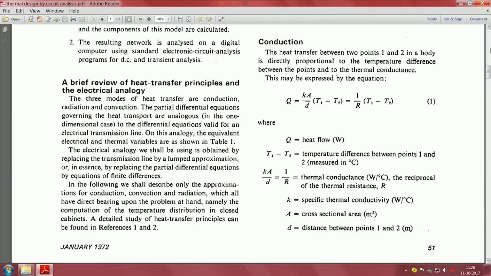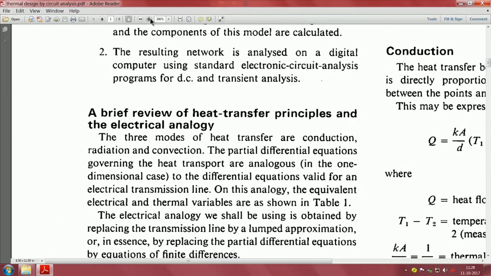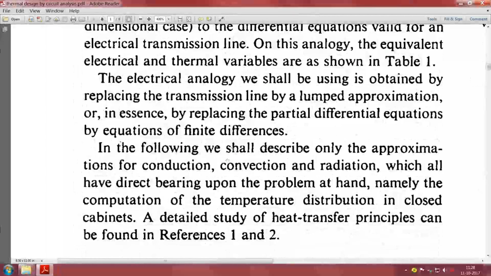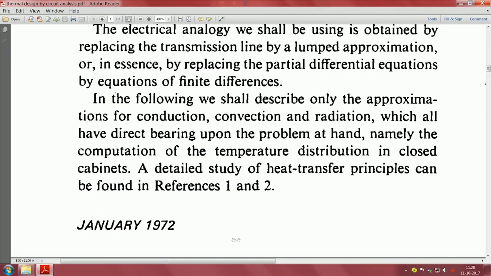Have a look at this paper I could retrieve. Most important, you will notice this at the bottom. Beauty, see when it was made. It is about the time when I started my professional career, 45 years back.